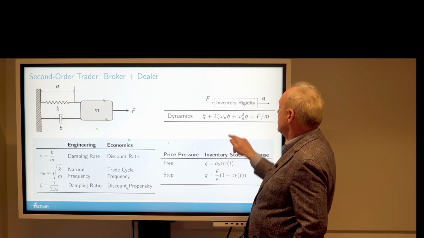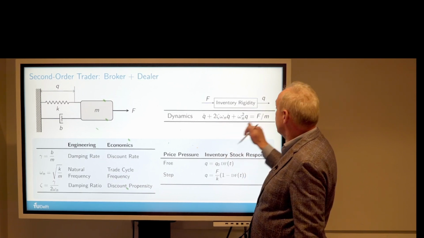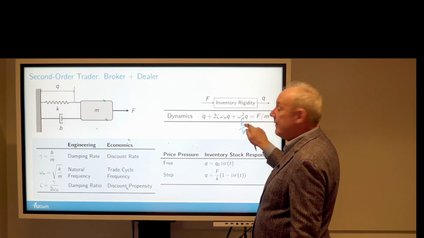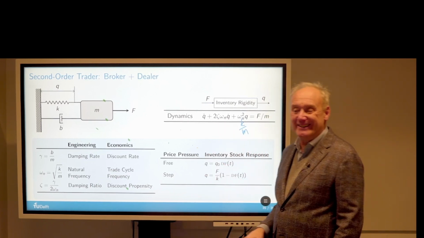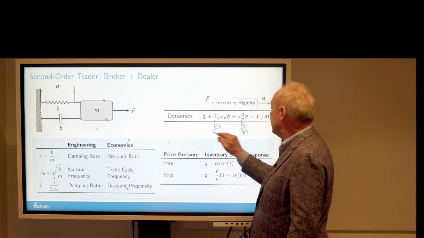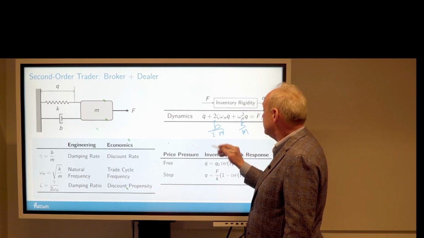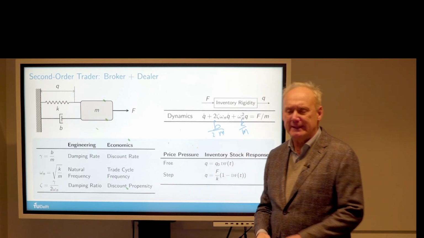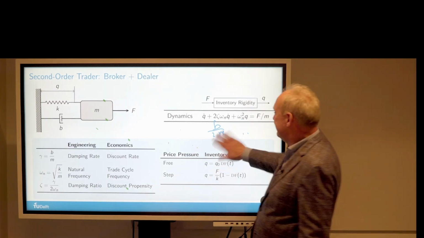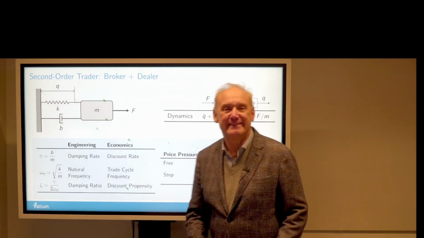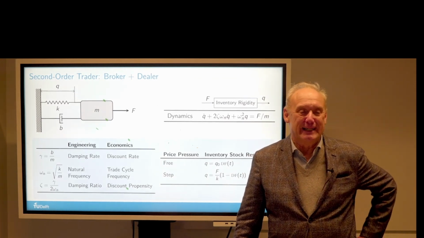So you'll see here the natural frequency: this thing is k divided by m, just the square of the natural frequency. Now this is zeta, that you can define, I think, as b divided by m times 2 or something like that. Is that right? I don't know. You can go sort that out.